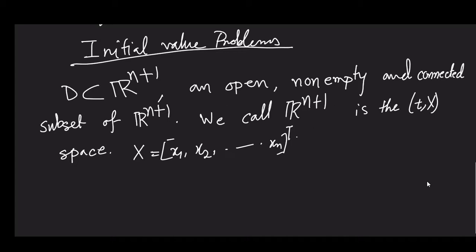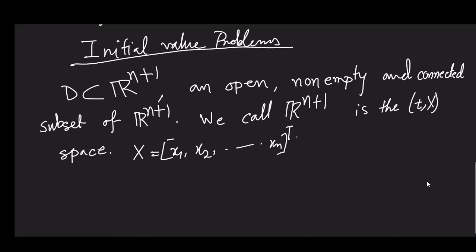Antsaklis and Michel, in their book on linear systems, have followed this notion. In some other books, other authors use a different notation; both are true, at least valid for linear systems.